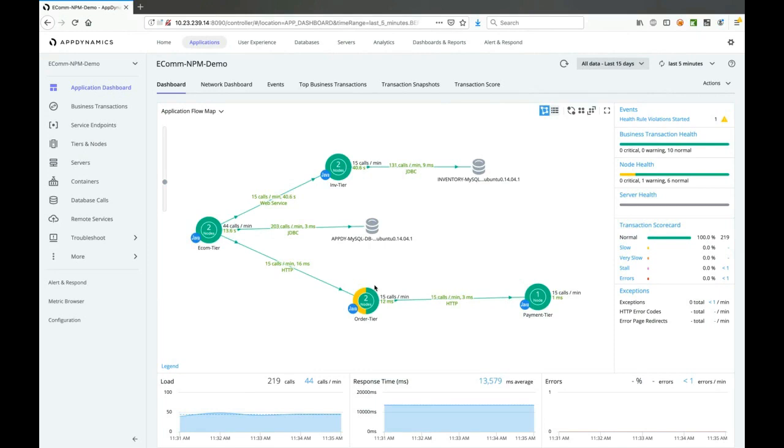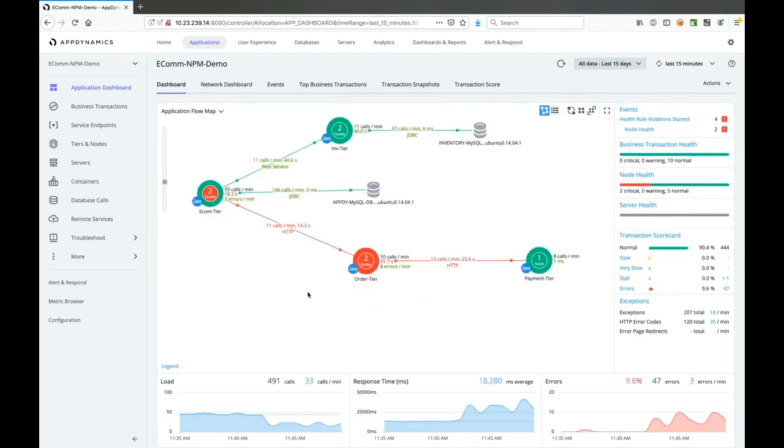Yes, that's right. And if it crosses certain thresholds, it actually uses baselines too, right? It automatically learns based on the history of the application, and the health rules are applied on the baseline. As we saw yellow here on the order tier sometime back, and now it's slowly turning into red. That's because the health rule violations are critical now.